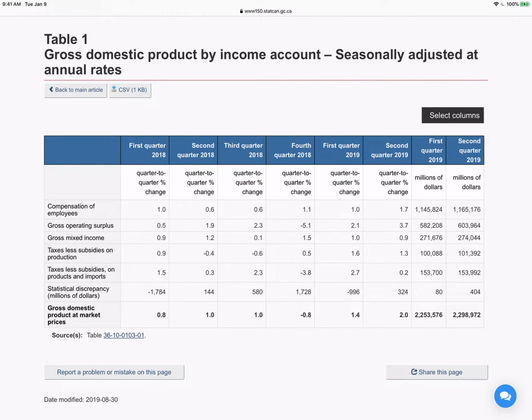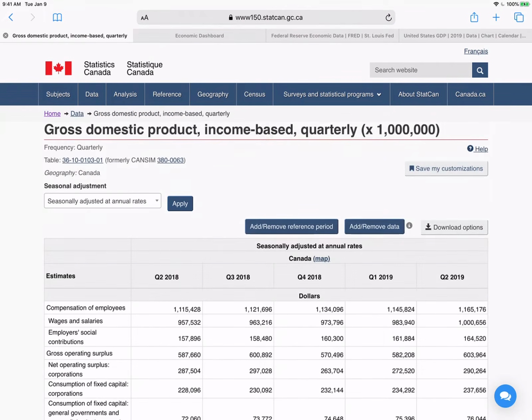Okay, so we notice here on this page that we get the second quarter of 2019. And what this is telling you is the nominal GDP was $2.298 trillion. Now we want to find the second quarter of 2018 so we can do a comparison. If we go to the link, we can go and get the full data.